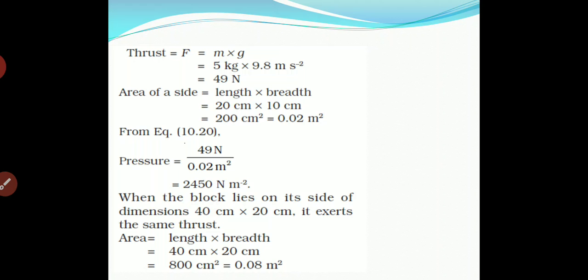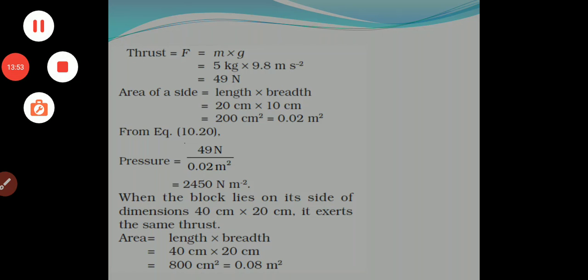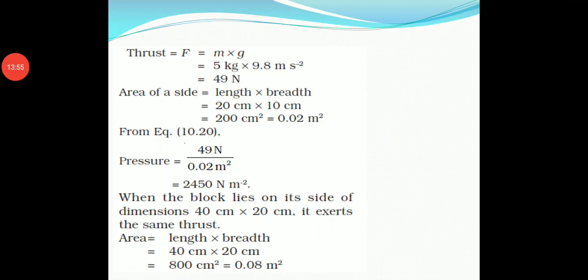And m we know is 5 kg, and g is 9.8 meter per second square, the acceleration due to gravity, small g. So from that we are getting F is equal to 49 Newton.